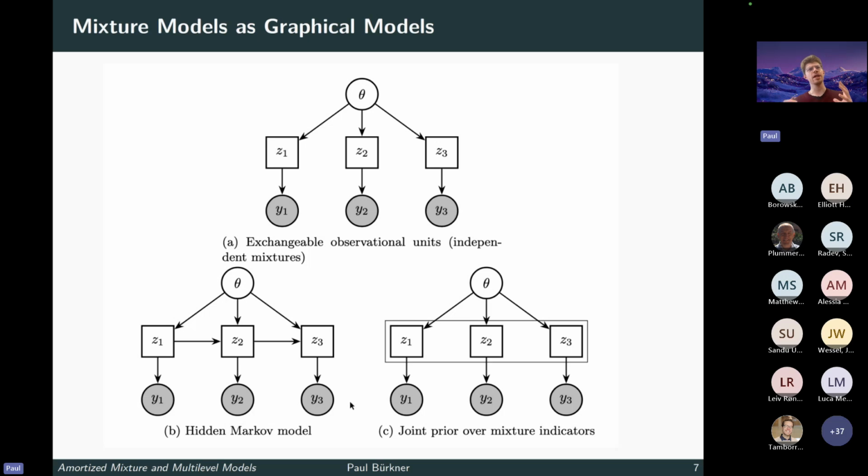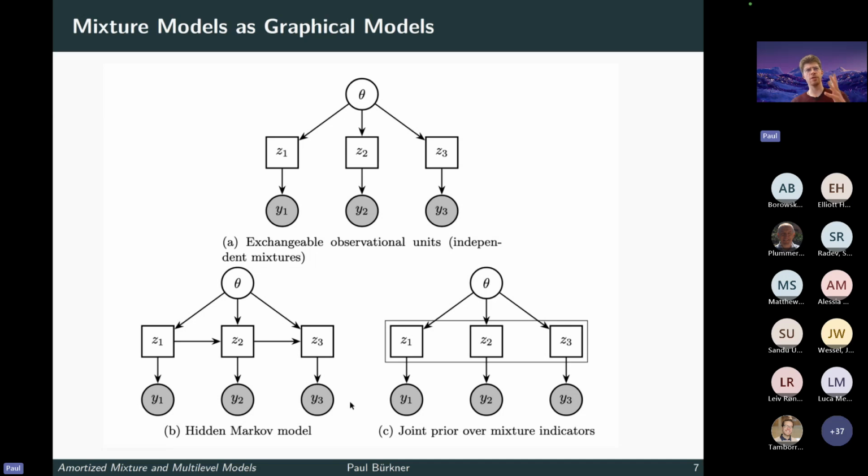For example, in spatial modeling, where we had different regions, and the different regions could be in different latent mixture states, and the regions would be dependent on each other because of their spatial adjacency. So the point here I want to make is that mixture models could come with different kinds of factorization.